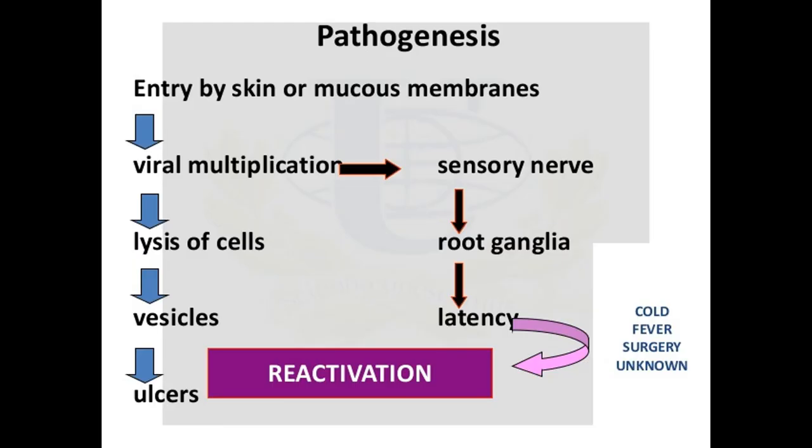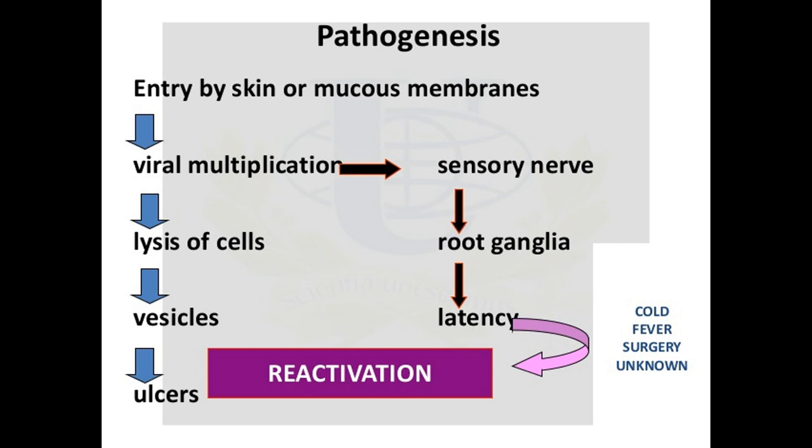And the pathogenesis of this disease: this is latent infection. Herpes simplex virus has a tendency to undergo latency in neurons. Herpes simplex virus 1 undergoes latency in trigeminal ganglia, and herpes simplex virus 2 undergoes latency in sacral ganglia.